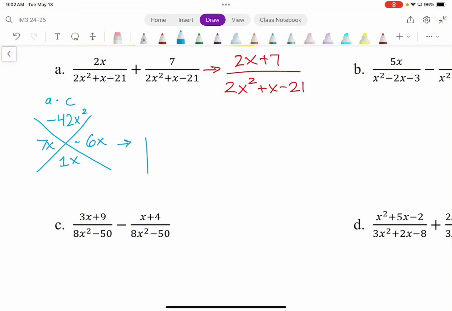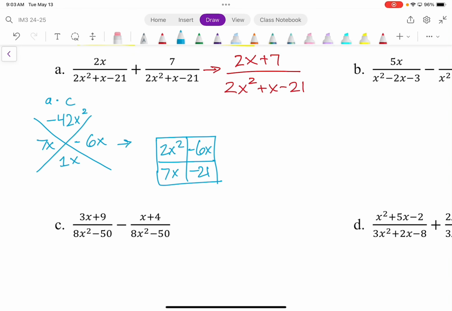We can go ahead and create our box at this time. Fill in your box with 2x squared and negative 21. Then you can add your negative 6x and 7x. Now think about what we would need to do to fill out the box. What can we take out from 2x squared and negative 6x?